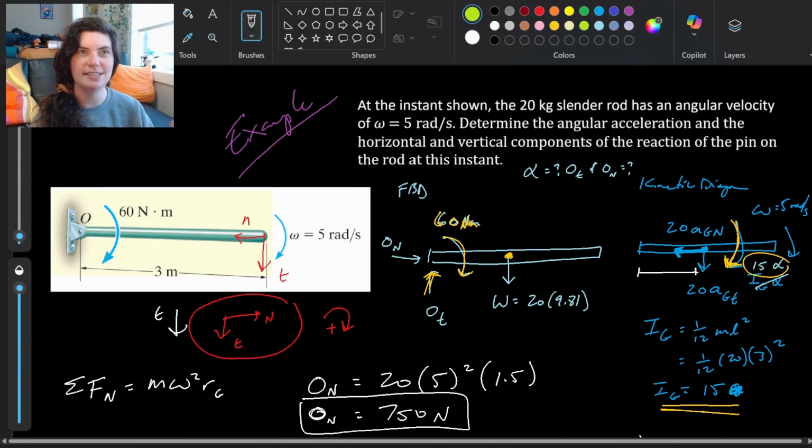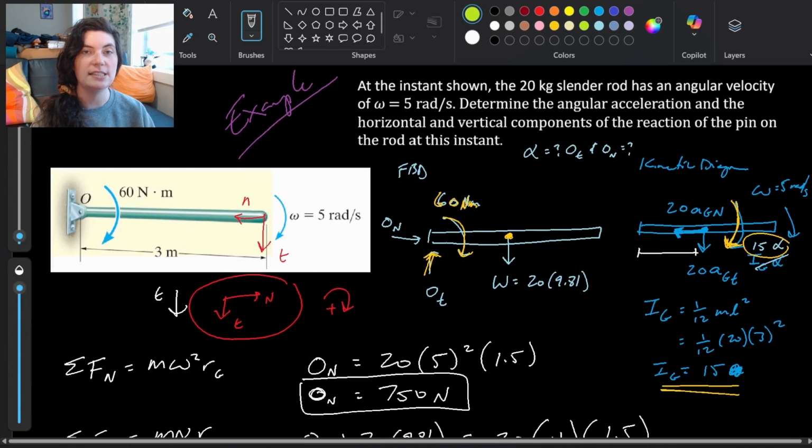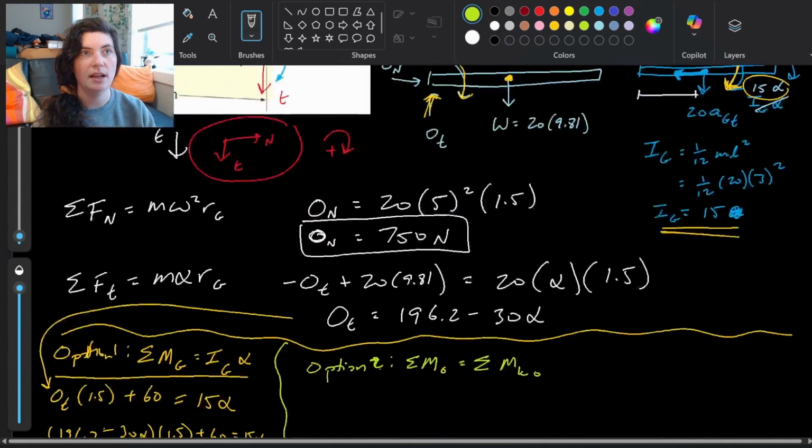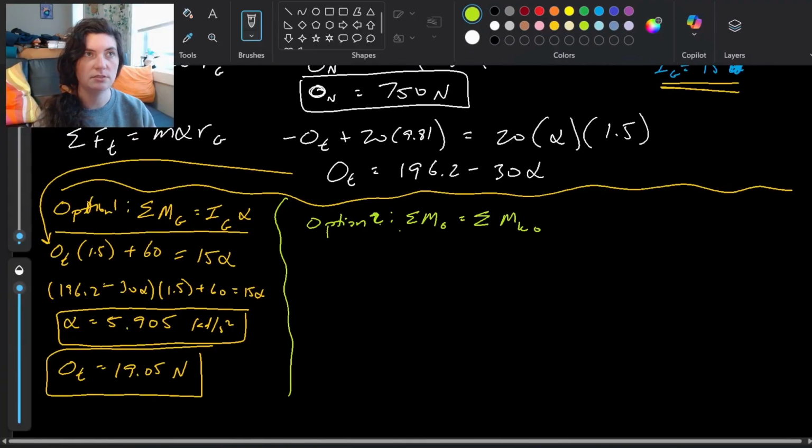So it makes most sense to take a moment about point O here. So it's the same process of pulling moments from your free body diagram on the left-hand side of the equation, pulling moments from the kinetic diagram about O, and then plugging those in.